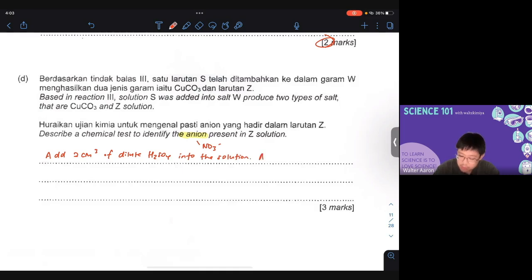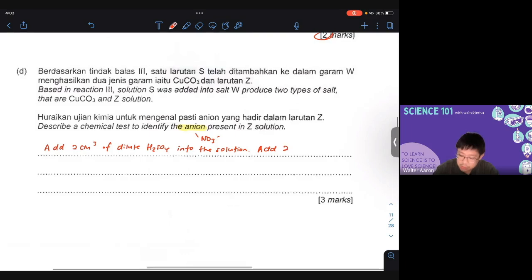Okay, then you say over there, add 2 cm cube of FeSO4 solution into the same mixture.